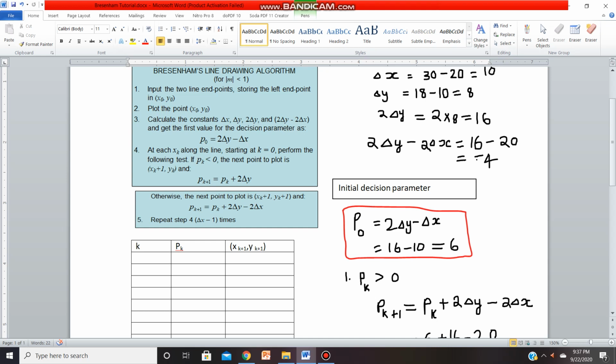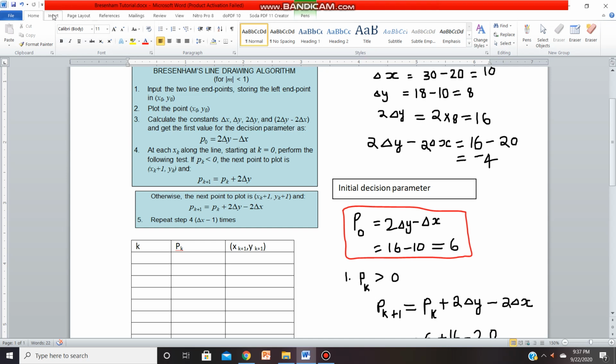We have 2 delta y as 16 and delta x is 10, so 16 minus 10 comes to be 6. So the initial decision parameter P0 is 6.